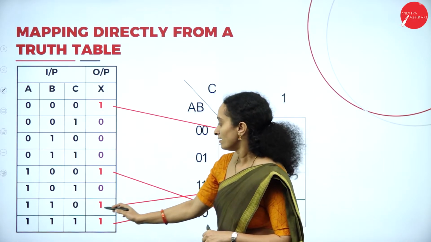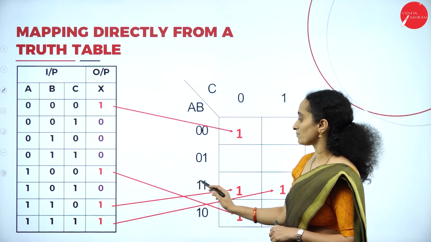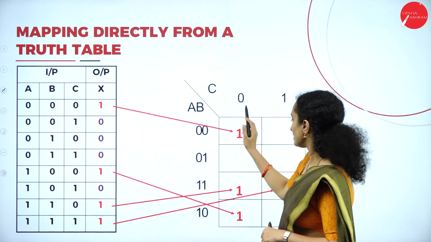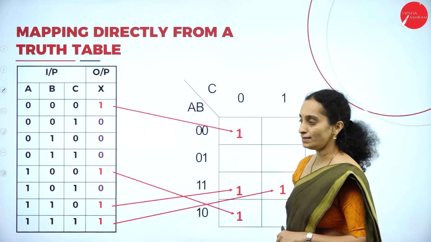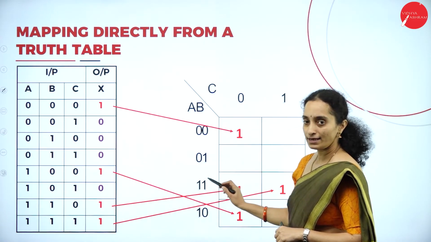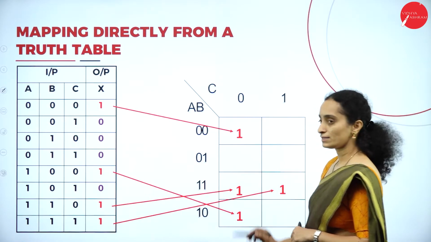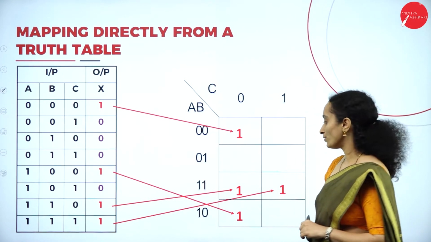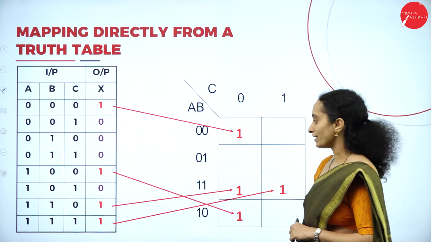Next we have 1, 1, 0. A is 1, B is 1, C is 0 here. Next 1, 1, 1. A into B into C. This is the 1.